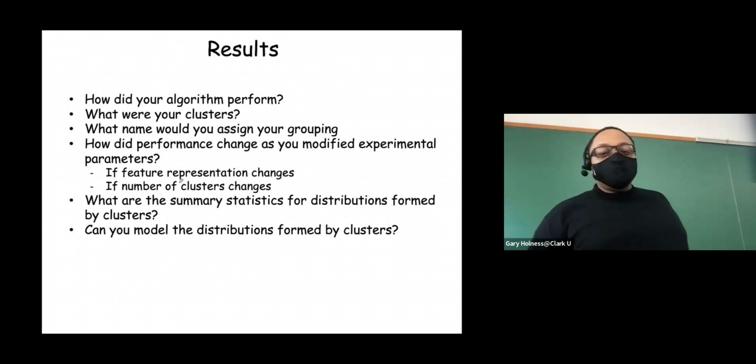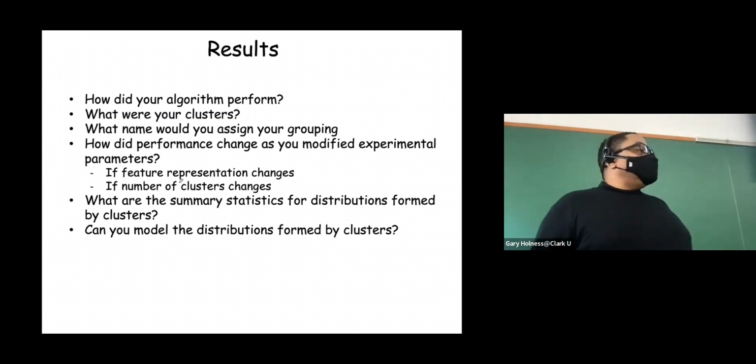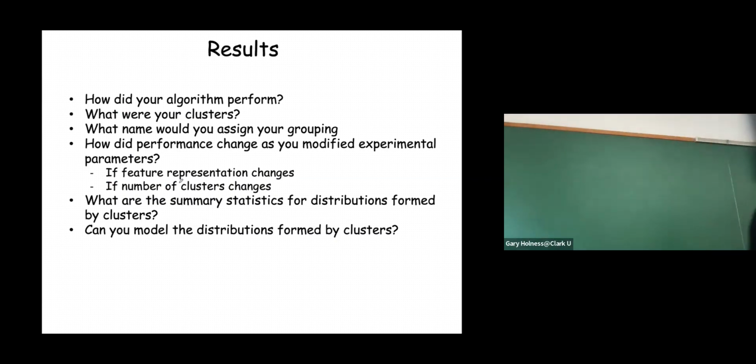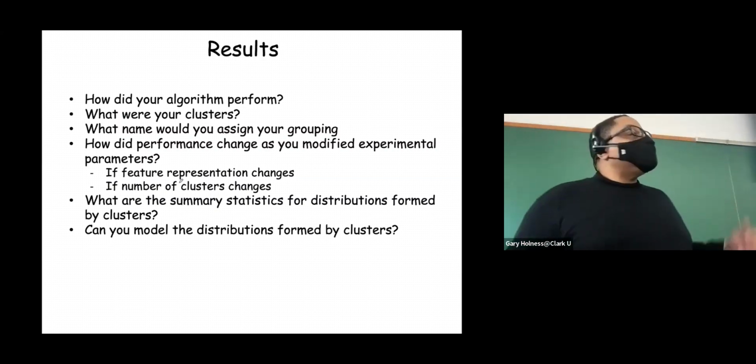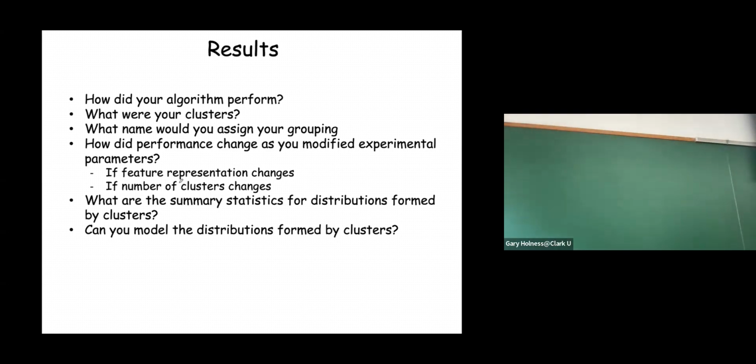So now that you have this grouping, of course, there are many other considerations. How did your algorithm perform? What did the groupings look like? Mind you, you can visualize the groupings 2 or 3 features at a time because you can only display 2 or 3 axes on the screen when you visualize. And a good way to visualize it is a scatter plot because that scatter plot allows you to compare the variables in question that you're displaying on the screen.